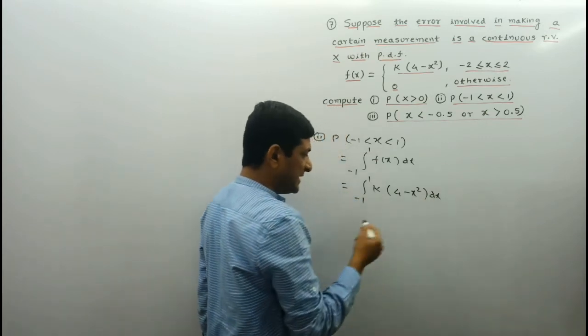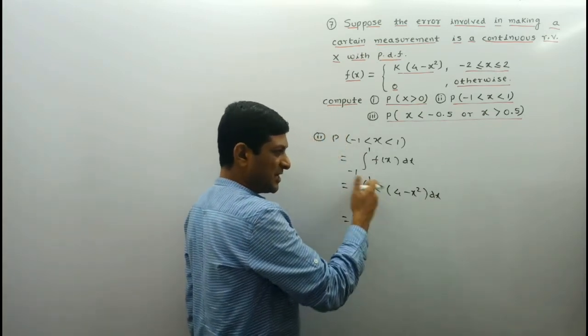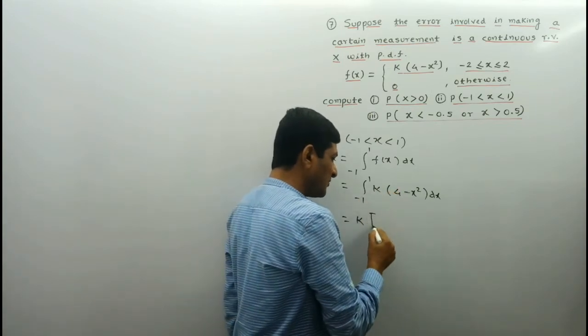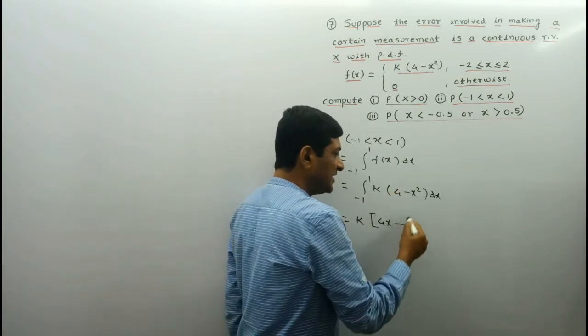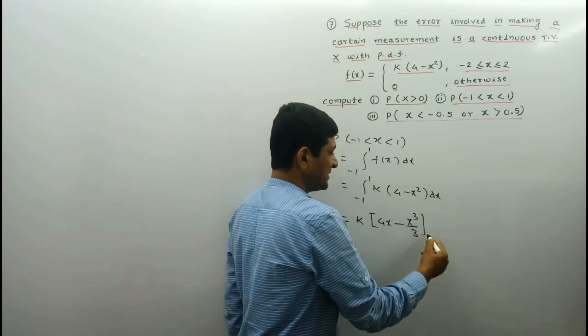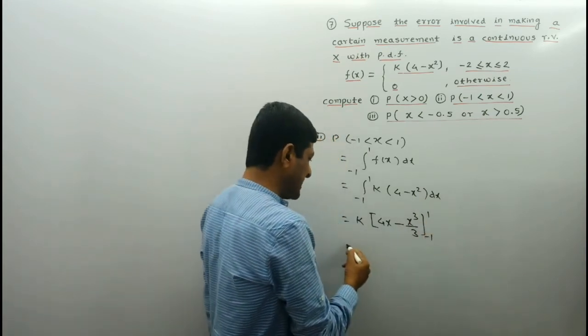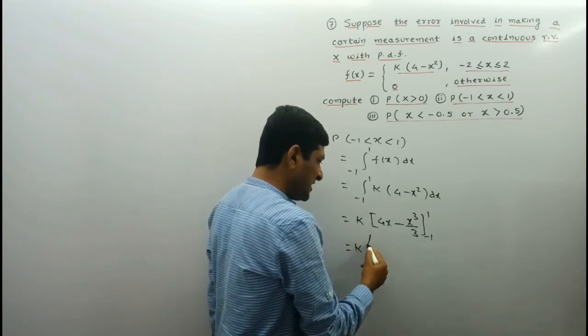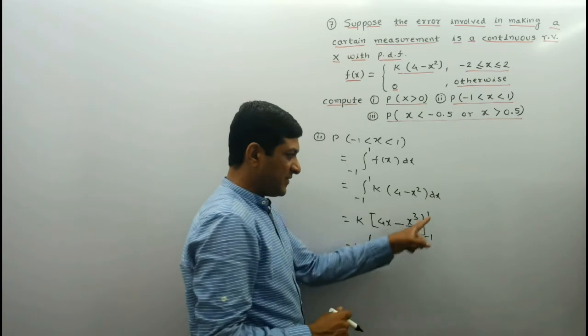So now we are integrating it. K is a constant term, so we are able to take it outside the integration. And integration of 4 will be equal to 4x, and integration of x square will be equal to x cube upon 3. Keep this limit -1 to +1, keep it as it is. K, keep it as it is. So now first we are substituting value of x is equal to 1.